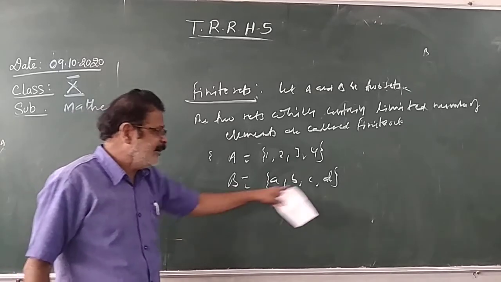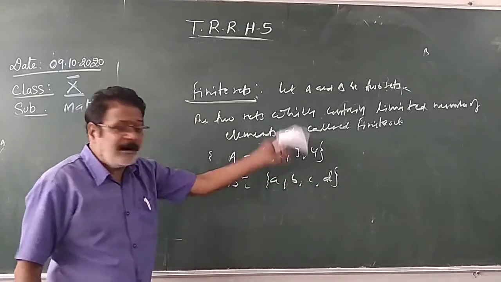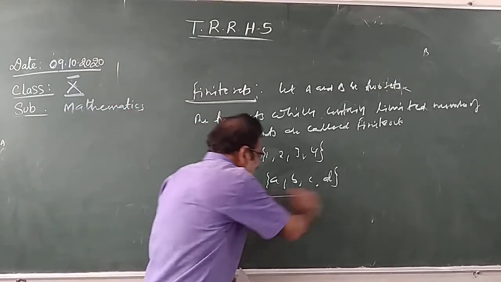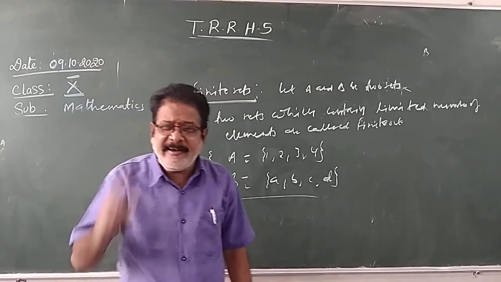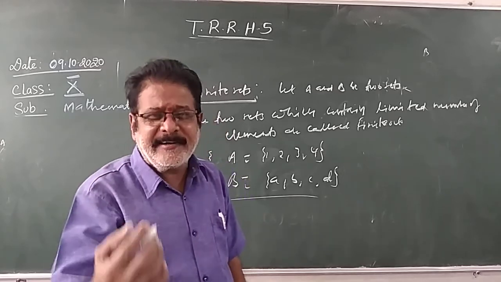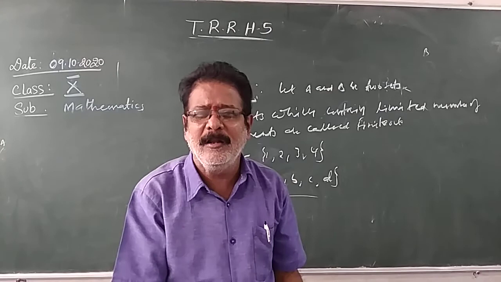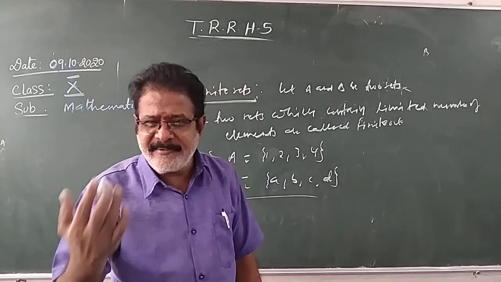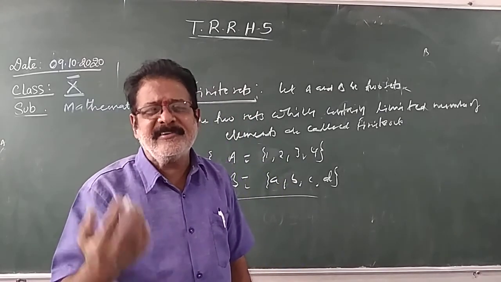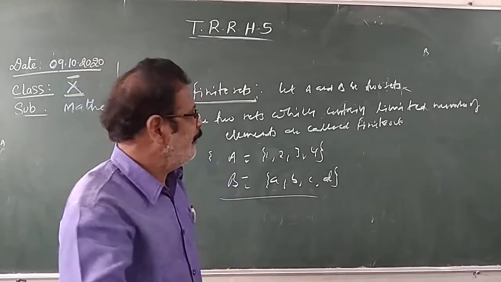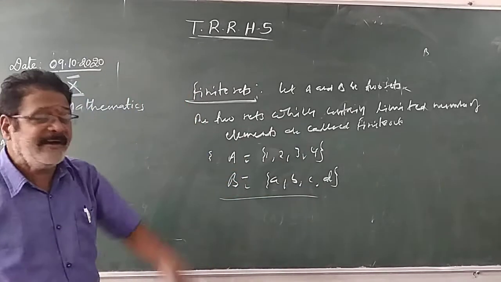The second set ends with the element d. So there is no continuation here. It is stopped. There are a limited number of elements. Such sets are called finite sets. Limited means it can be counted.